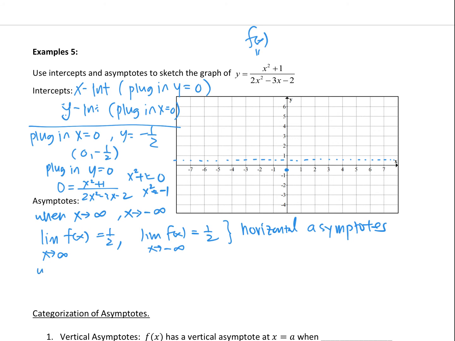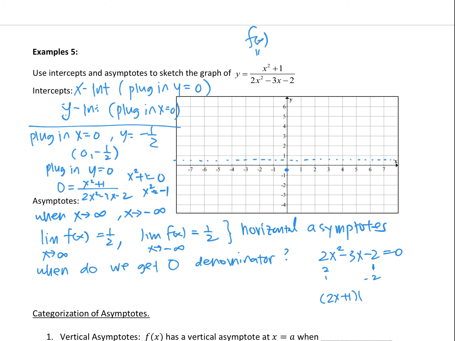So when do we get a 0 denominator? Well, that means 2x squared minus 3x minus 2 is equal to 0. Again, you can factor like this, 1, 2. So (2x plus 1)(x minus 2) is equal to 0.